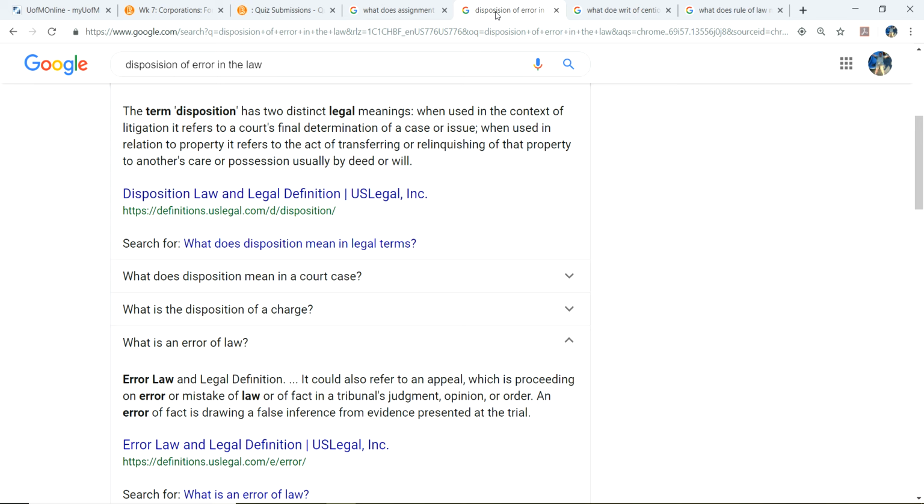And error of law could refer to an issue on appeal, or a proceeding on error or a mistake of law.